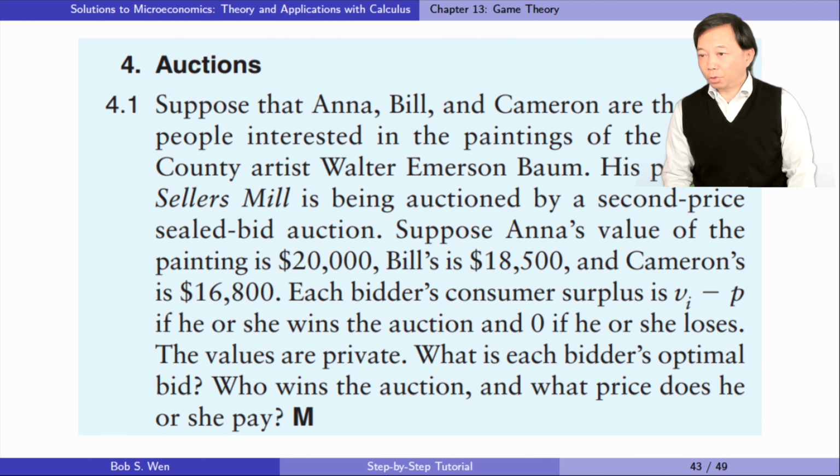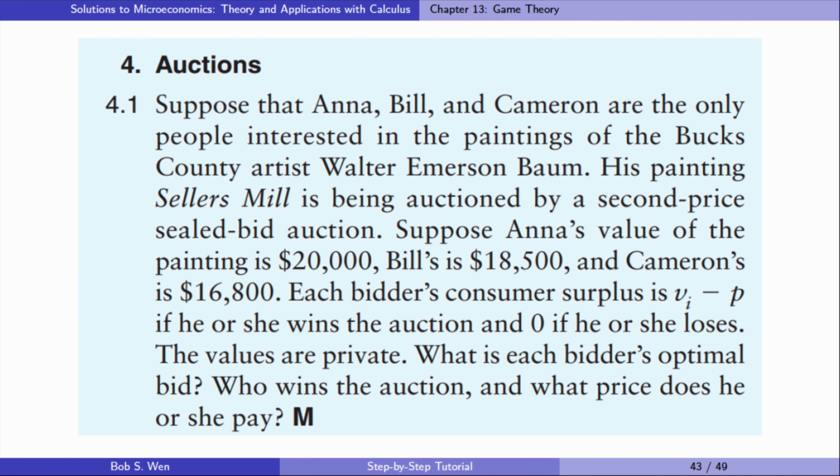Each bidder's consumer surplus is the difference between the value and the price if he or she wins the auction and zero if he or she loses. The values are private. What is each bidder's optimal bid? Who wins the auction and what price does he or she pay?